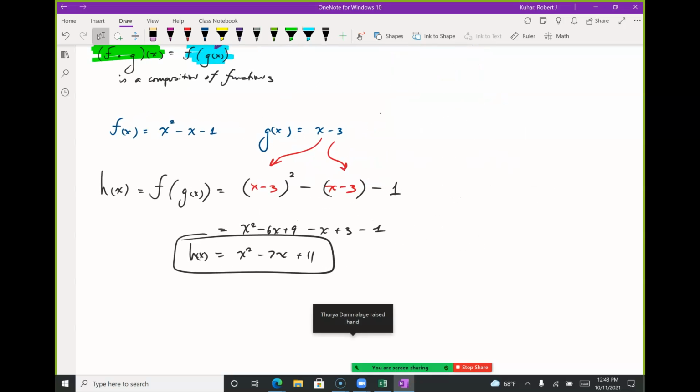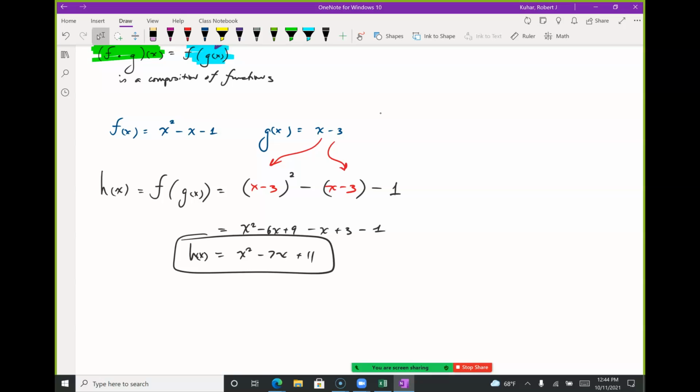Now we have to talk about, yes, Gloria, go ahead. So we basically plug in g of x to x. Exactly. And so you're first replacing with empty parens for every x. Yep. And so we're going to be thinking about domain here, but in this particular case, both functions are continuous.